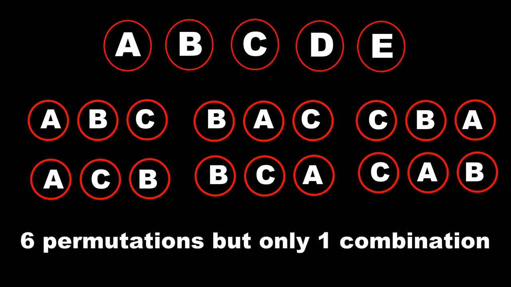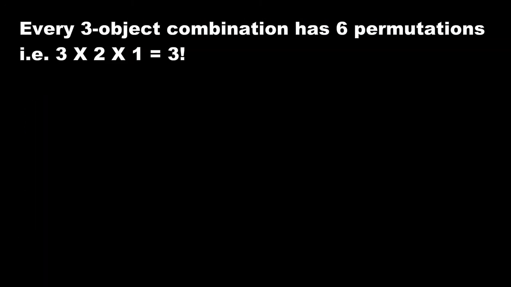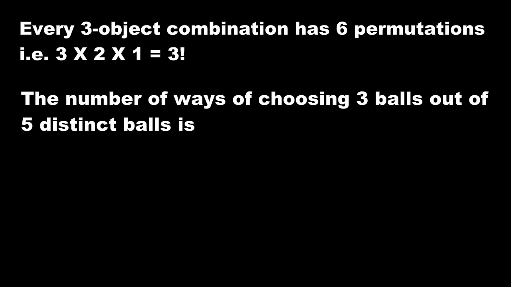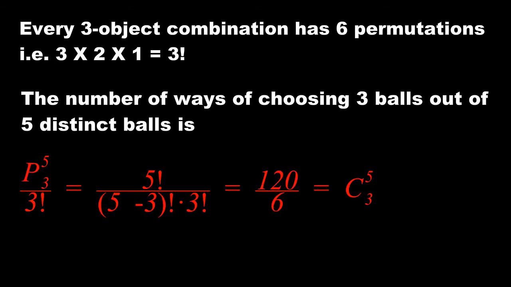When we think about it, this phenomenon doesn't just apply to combination ABC. It also applies to other combinations like ABD and ACE. So every 3-ball combination has 6 permutations. To account for this duplication, we need to divide our number of permutations by 3 factorial, which is 6.